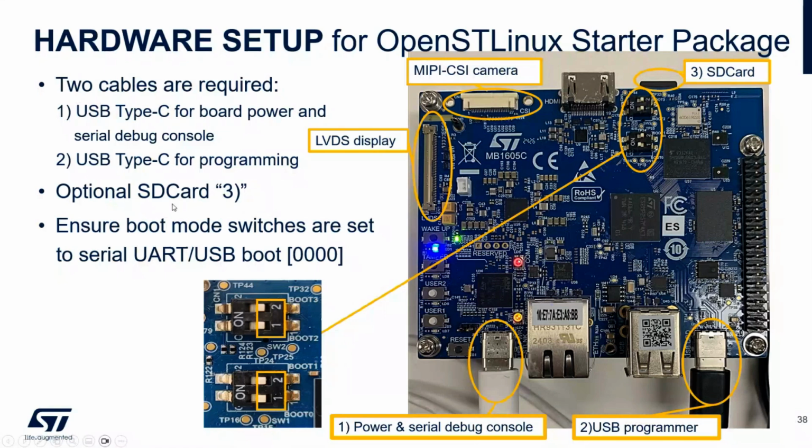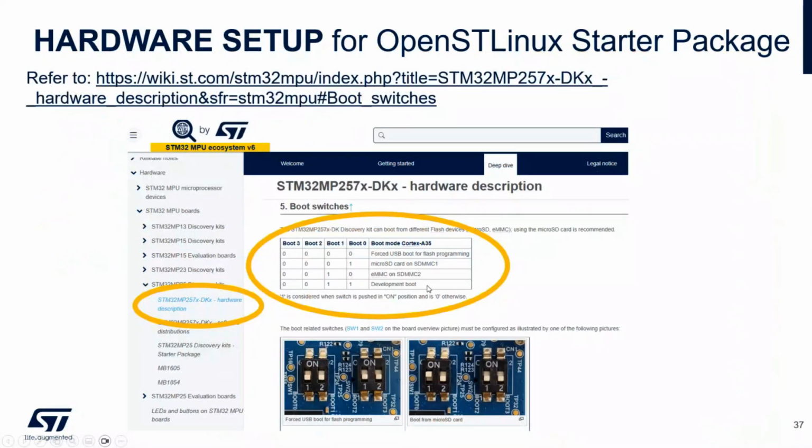Here I'm going to set my board with the two switches set to 00. This is important because this will tell the ROM code that we are going to boot from the USB or the UART. You have other configurations. You can also boot from SD card or from eMMC.